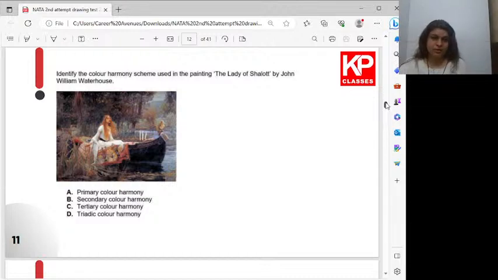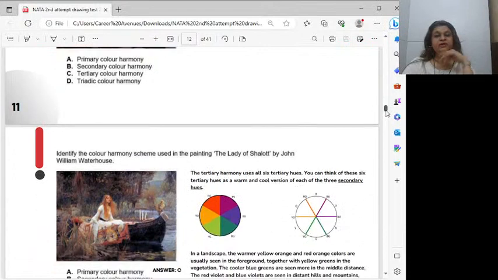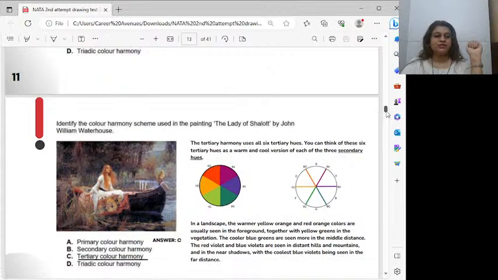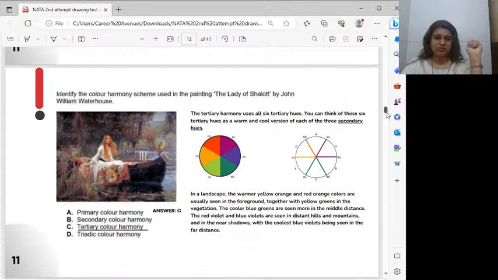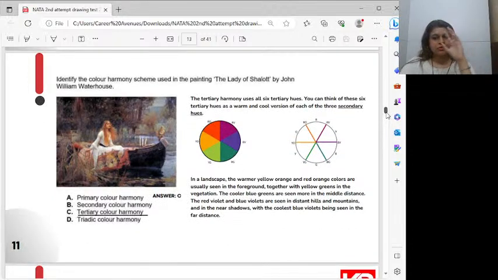What are primary, what are secondary, what are tertiary, what are triadic. So let's see what the tertiary is. This is actually tertiary color harmony, and why is it tertiary color harmony? We'll discuss it over here. So basically, whenever you are looking at any landscape painting, landscape consists of a lot of things, right?